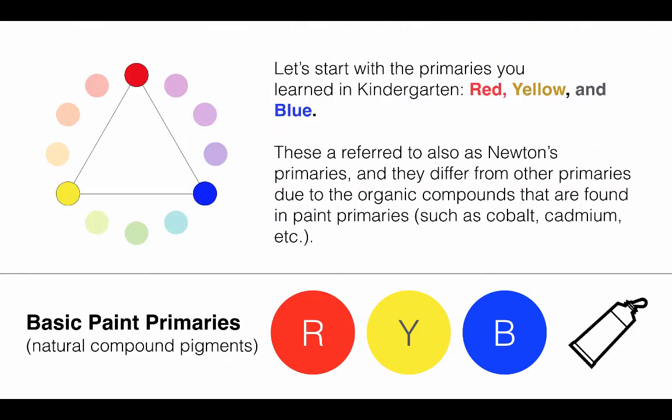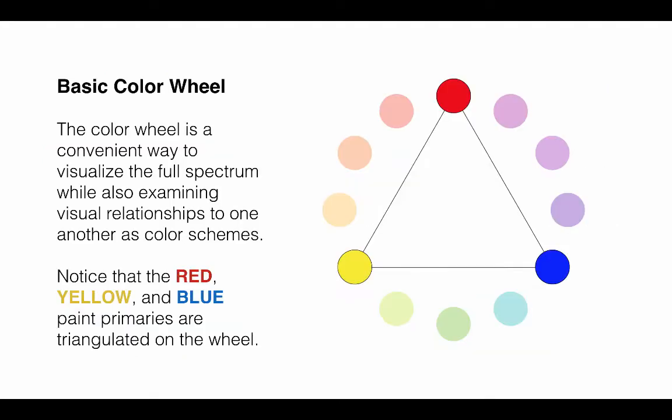Okay, so let's look at this. Let's start with these primaries that you learned in kindergarten, right? Red, yellow, blue. As I mentioned before, these are the Newton primaries, using compounds found in paint, like cobalt, cadmium, and so on. This is a basic color wheel that's based off of the red, yellow, blue primaries, and all of these colors have a relationship to each other.